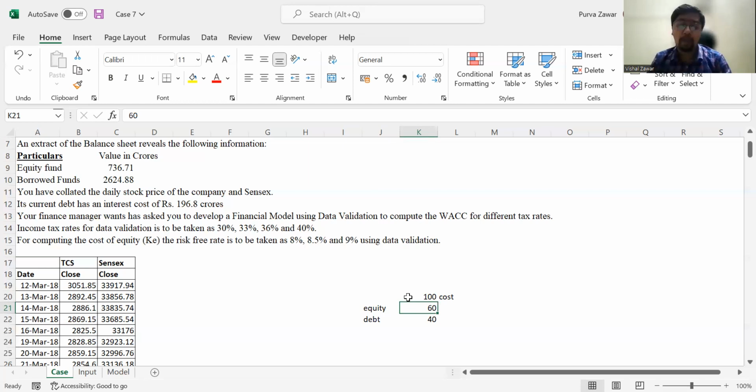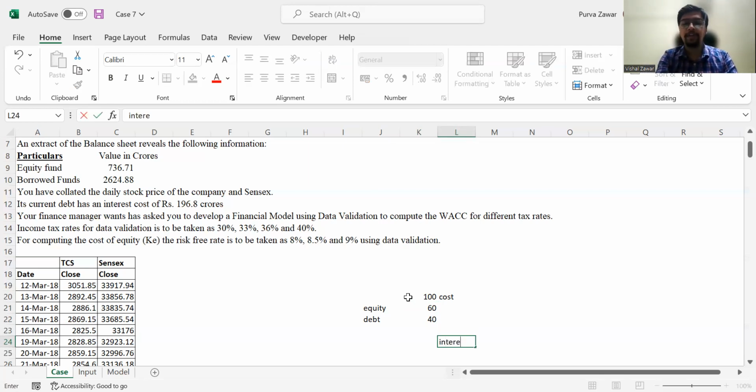How do I get the cost of equity? Cost of debt is much more simple to calculate, because debt comes with a fixed obligation of interest. So how do we get the cost of debt? We say cost of debt is whatever interest payments we are doing. But you have to understand one thing: whenever you make any interest payments, that interest is a tax deductible expense.